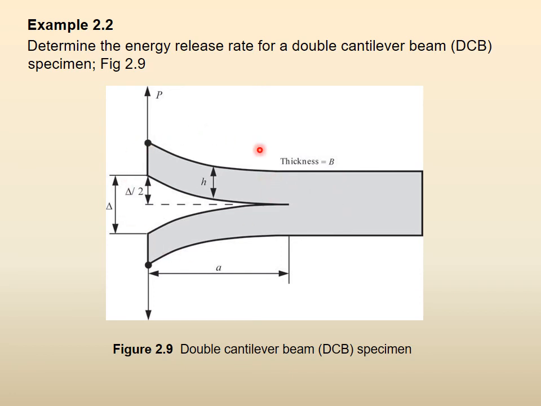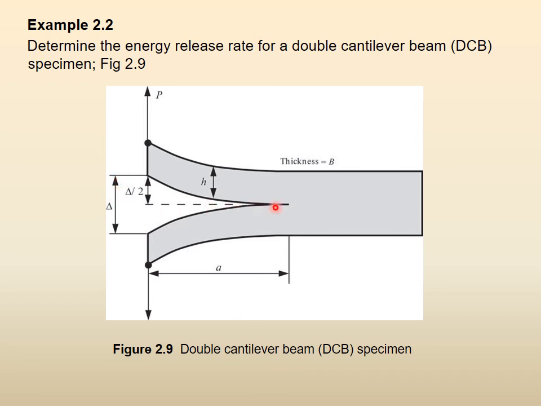So this is the configuration, and P is the applied load. If I take only half of it, removing the upper half and taking only the bottom half, it is now a beam, and when we apply the load P, the beam deflects by an amount delta by 2. The total is delta.